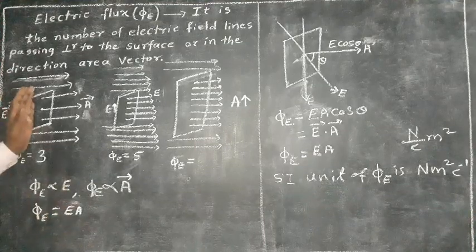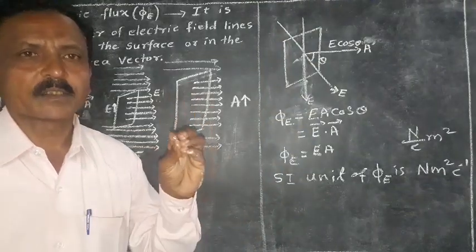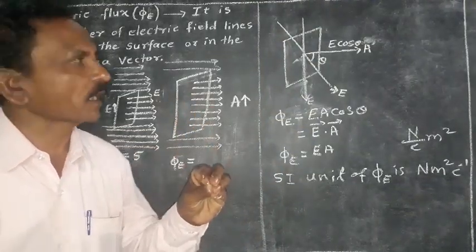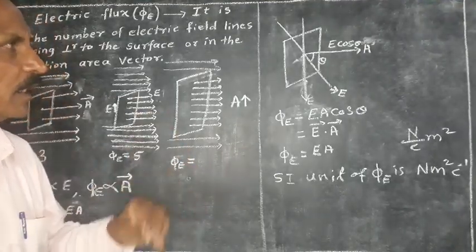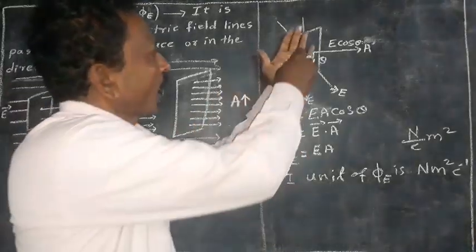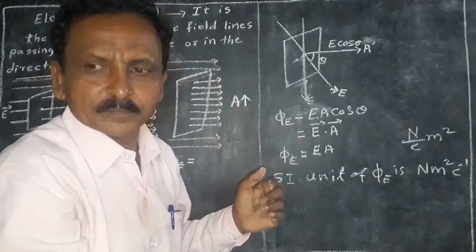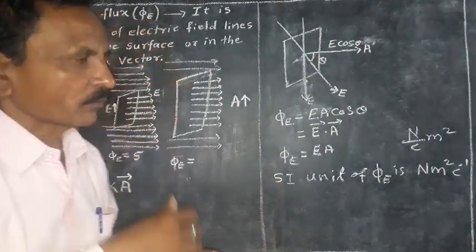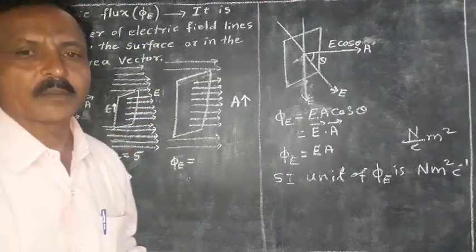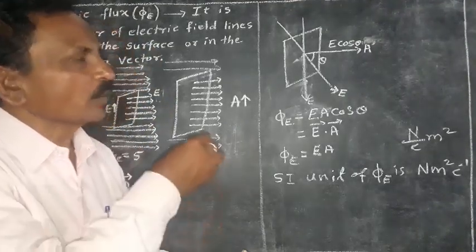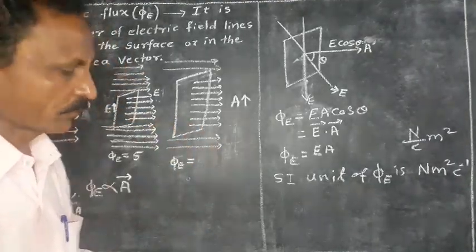And here all these surfaces are open surfaces. The two-dimensional surfaces or 2D surfaces are called open surfaces. And for open surfaces, area factor may be outward normal or inward normal. But for 3D surfaces or closed surfaces, area factor is always outward normal and inward normal is not permissible.